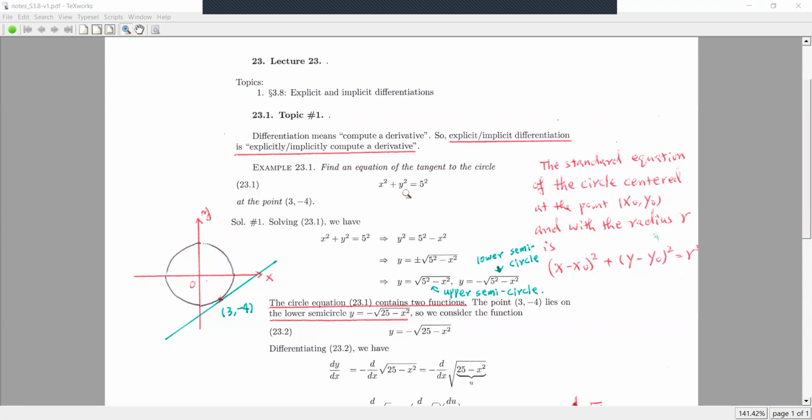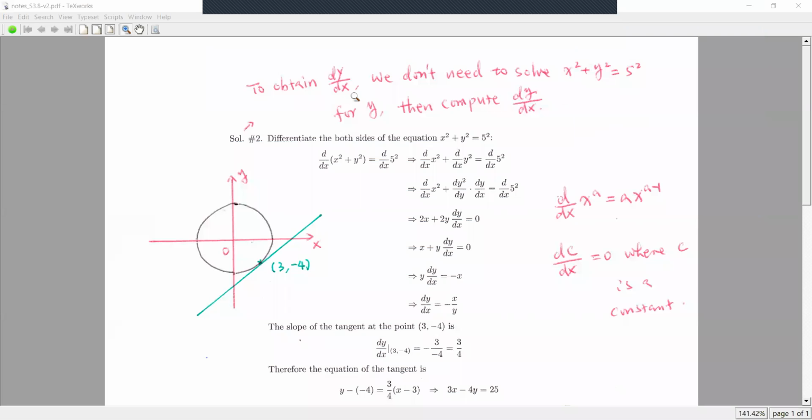Now, let me present the second solution. To obtain the derivative, we don't need to solve the given equation for the y variable and then compute the derivative. Instead, we can adopt the solution here. Differentiate both sides of the given equation. Take the derivative on the left side, the derivative on the right side.